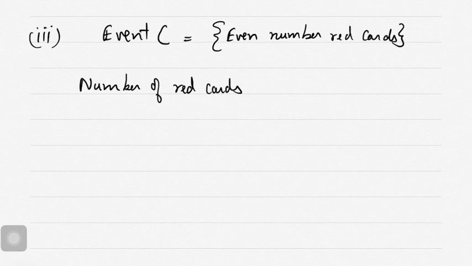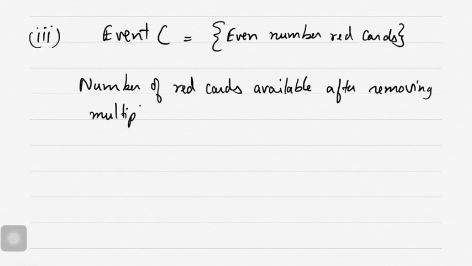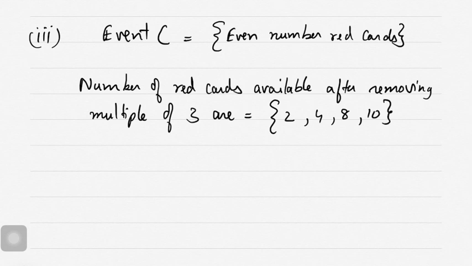Number of red cards available after removing multiples of 3 are 2, 4, 8 and 10.